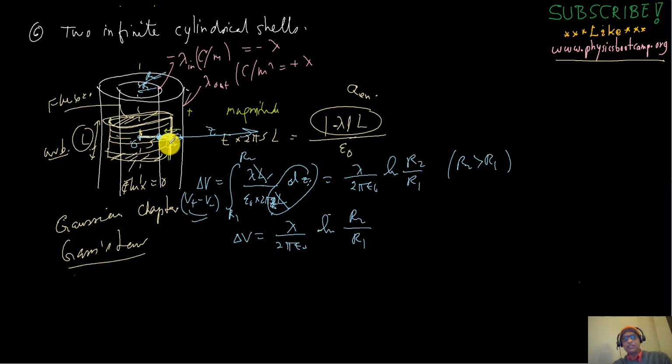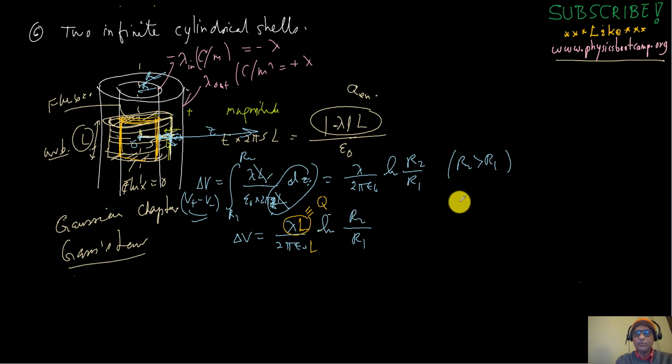Now because this height is infinite, I can only think in terms of a finite distance. So let's call this L here. I put L up and down, and so this becomes the Q on this part of the cylinder, okay?